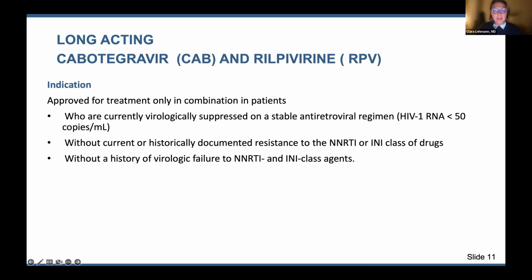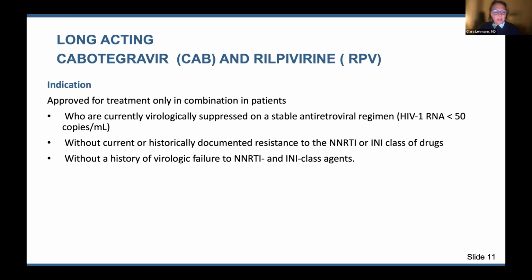And I just wanted to give some background information about cabotegravir and rilpivirine. It is approved only as a combination in patients with HIV who are currently virologically suppressed on a stable ART. They shouldn't have any current or historically documented resistance. This is also what we just discussed in this case.